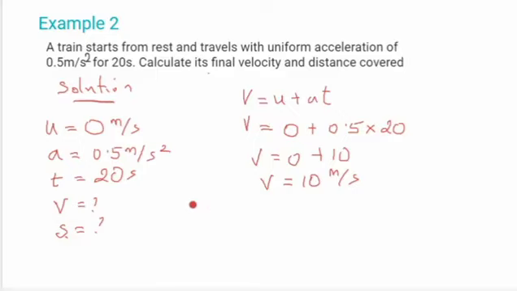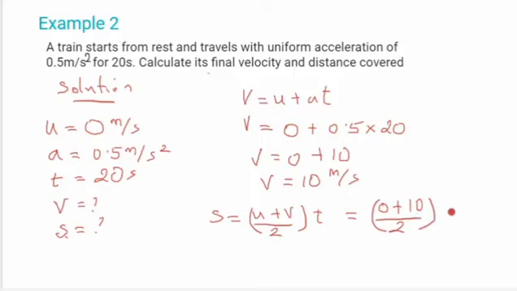Is that okay? Now to find our distance, we can use any of the equations that have distance. So let's use the first one. S equals (U plus V) over 2, times time. So U is 0 plus V, which is 10, divided by 2, and then times the time, 20.